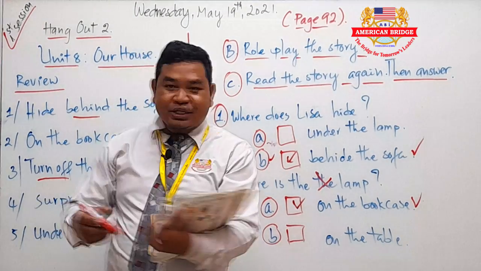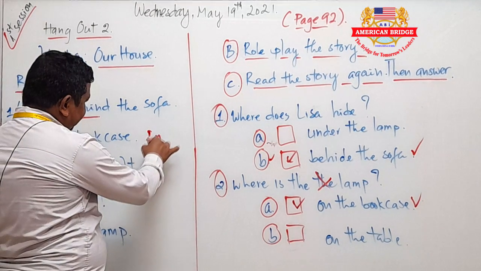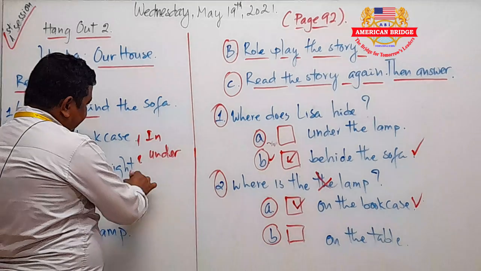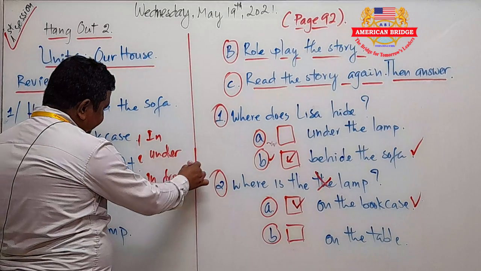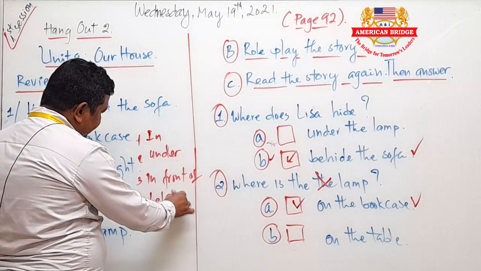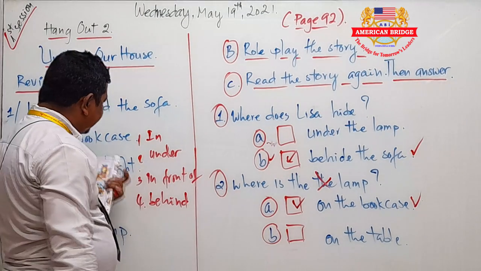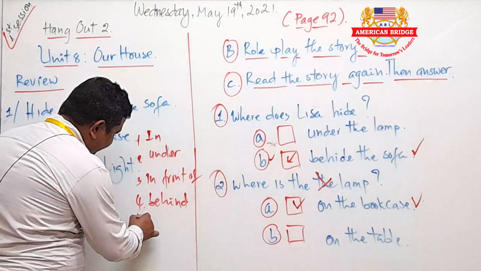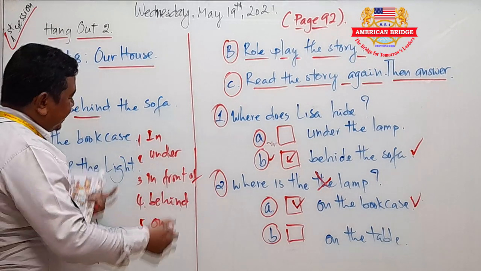We have like what? We have in, under, in front of, behind, and any other? Yes, on, on the right, on the left, on the table, under the table.